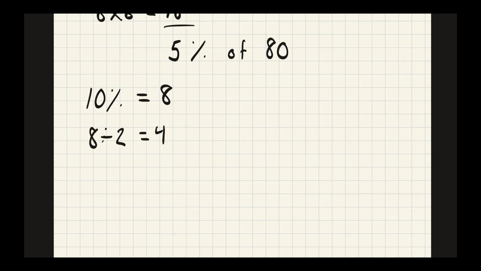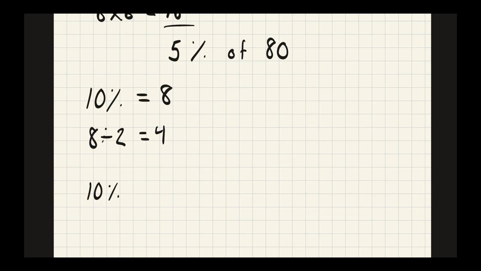All you have to do is break it down into smaller or easier percentages. I say easier because 10% isn't smaller than 5%, but it is easier to think about versus just flat out trying to think about what's 5% of 80. But I'll show you another method now, which will help us in the next example. So instead of finding 10%, we can find 1%. And if you don't know how to find 1%, you could find 10% first.